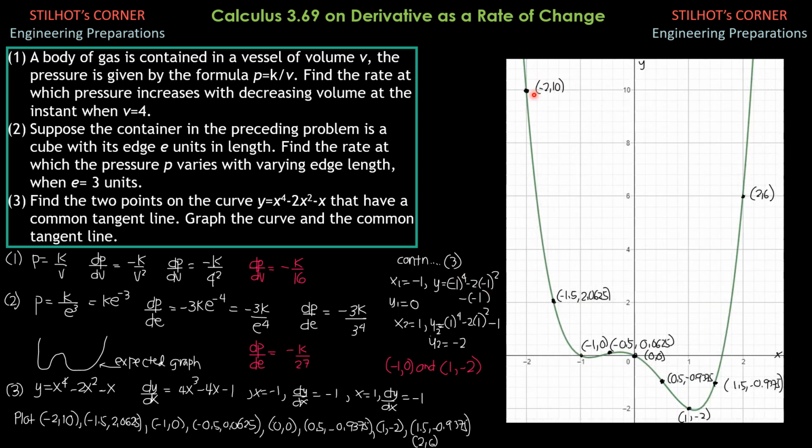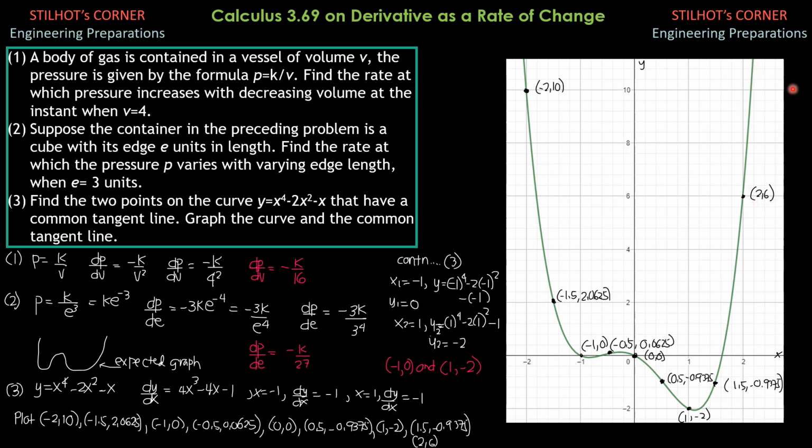So this is (-2, 10), (-1.5, 2.0625) approximately. Then we have (-1, 0), (-0.5, 0.0625), then (0, 0), (0.5, -0.9375), then (1, -2), (1.5, -0.9375), then (2, 6).